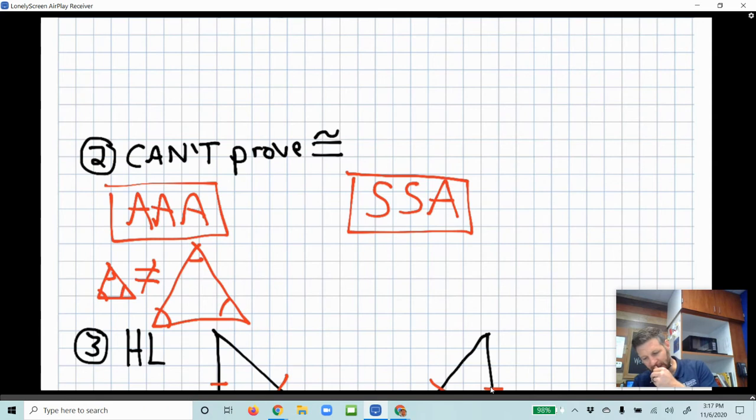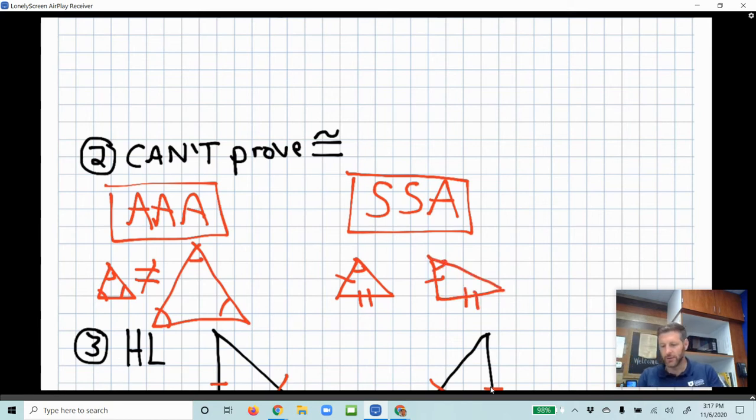This one is a little tougher to demonstrate, but you could have a triangle here with the same side lengths and then maybe the same angle at the top, something like that. But if you don't know the angle in there, you could still change the angle and you could have something like this.